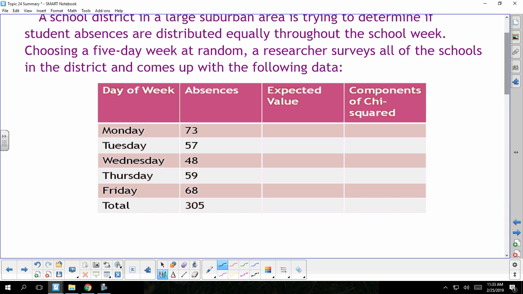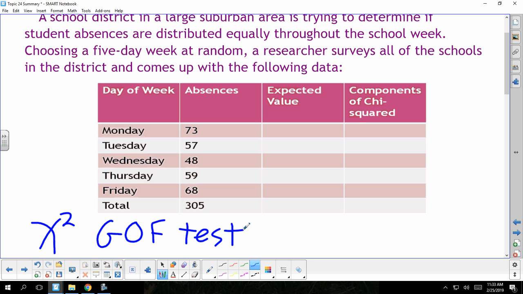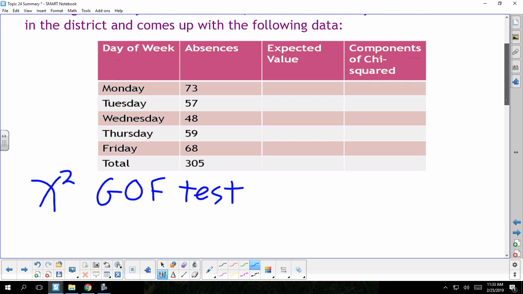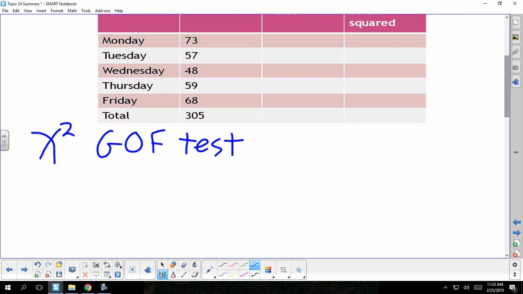So let's go ahead and state our procedure. This is a chi-squared goodness of fit test, and we can just write GOF. So let's start with our null and alternative hypothesis.